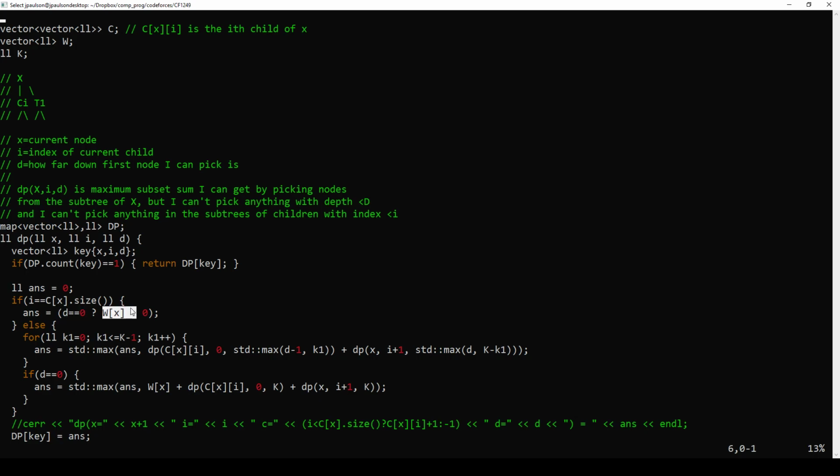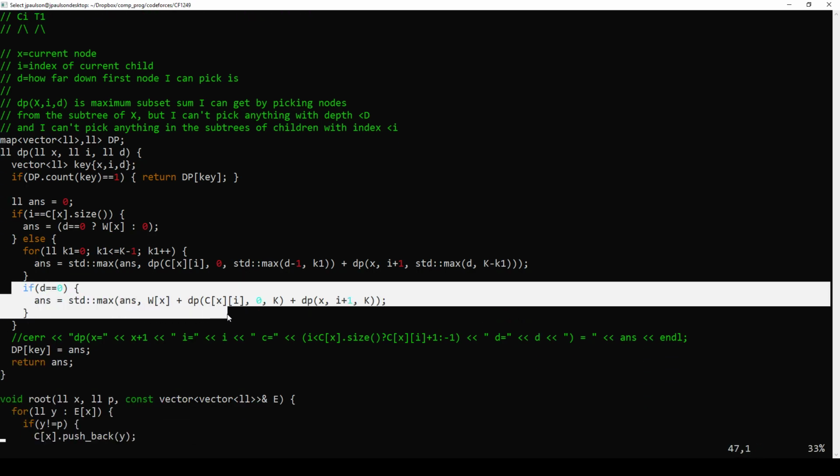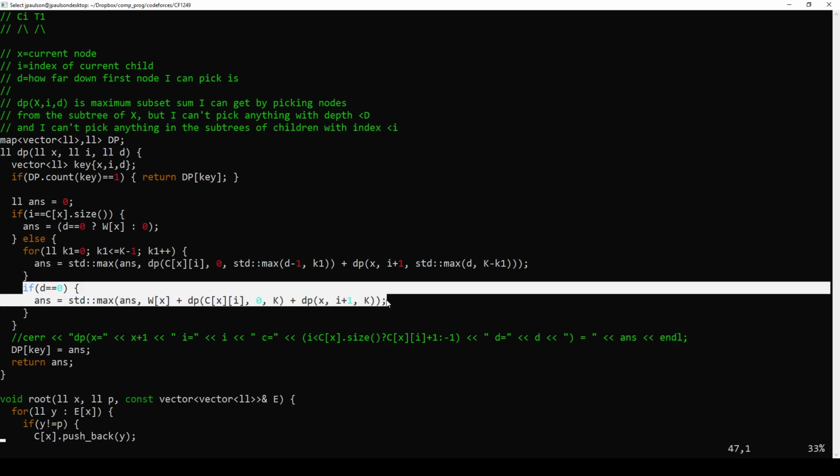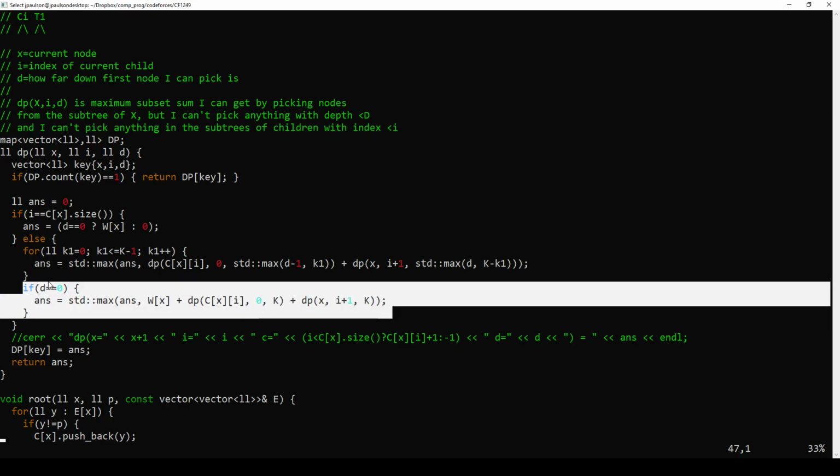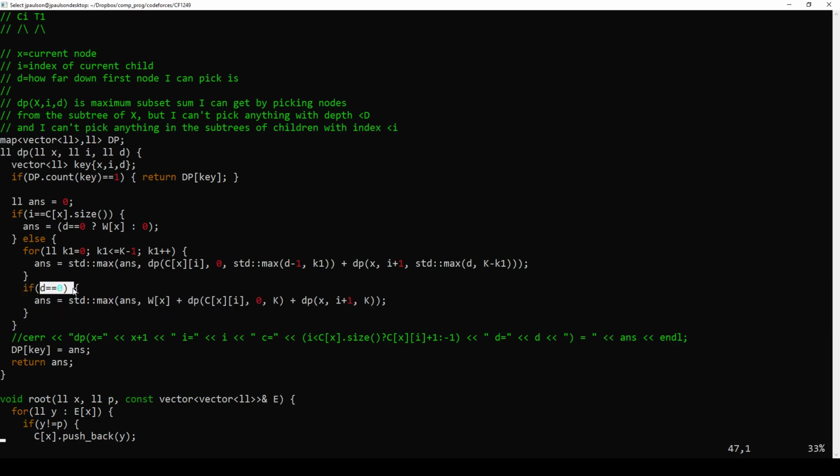So then we can pick the current node and get whatever its weight is. Otherwise, we don't get to pick anything. We are stuck with 0. So otherwise, there's two possibilities. We can either skip x, or pick x, the current node, if d is 0. And in that case, everything that we pick, both from our child and from the rest of our children, has to be at least k away.